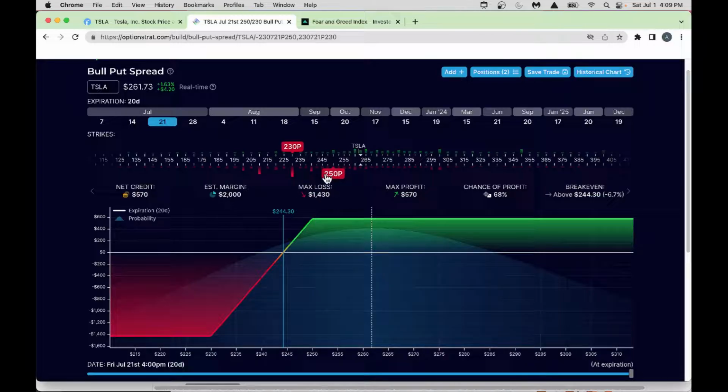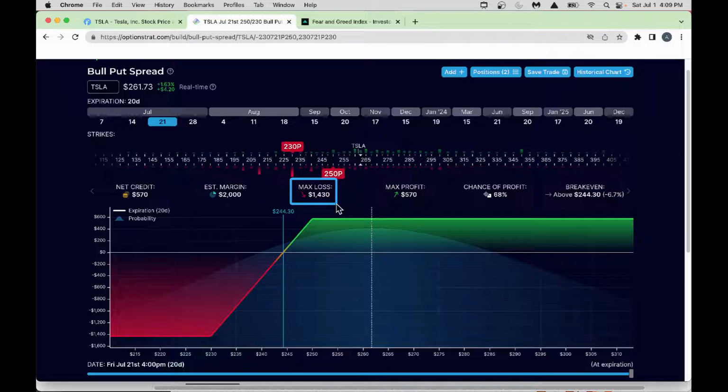It's a bull put spread, as you can see. It's a $20 wide spread. So now you receive a $570 credit, which is also great. Estimated margin dropped pretty much here, big time. Max loss is also less here. So this may be better for many of you if your account size is a little bit smaller or you don't want to take too much risk.